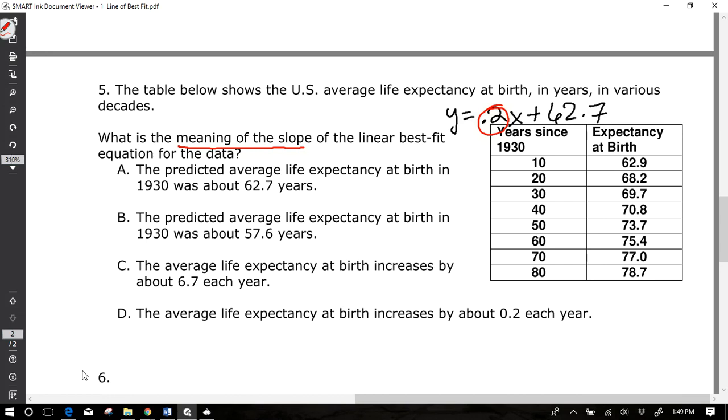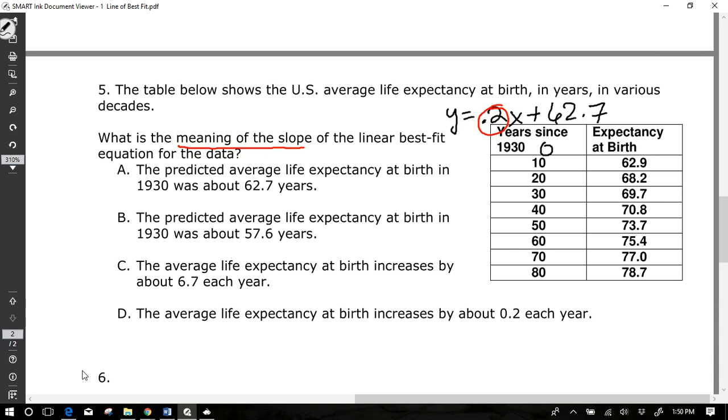If I plug in 1930, that would be one up from here. That would require that I type in a 0, because that would be years since 1930. In 1930, it equals year 0.